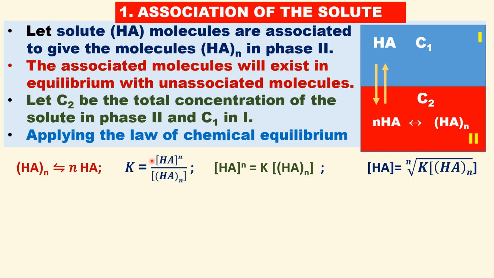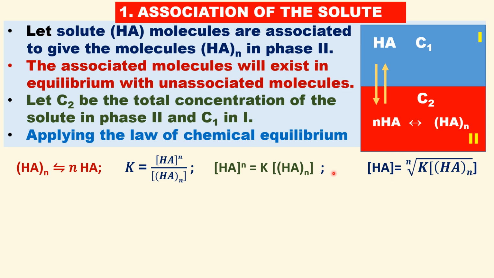Therefore, by applying the law of chemical equilibrium, the equilibrium constant is equal to concentration of HA to the power n divided by concentration of HA_n. Cross multiply: K into concentration of HA_n. Let us take the nth root.